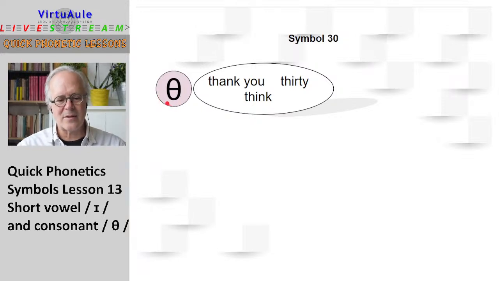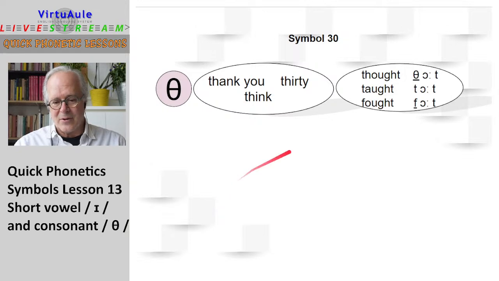You'll see that the symbol is a theta. It's a Greek letter, and it works as a phonetic symbol. We find it in the words thank you, three, and think. Very common words.